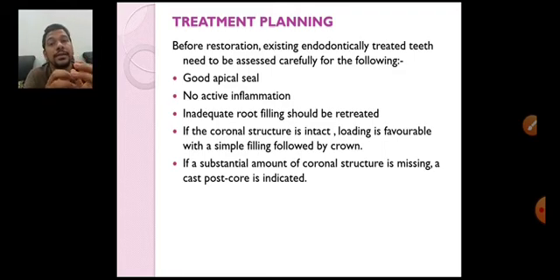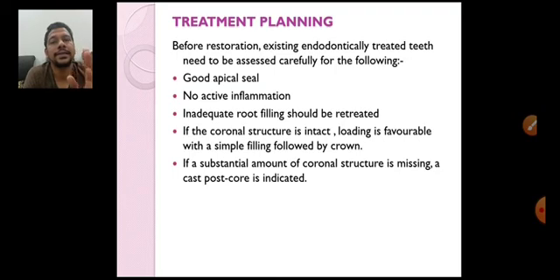But if there is a substantial amount of coronal structure loss, then as I showed in the first picture as an example, when a patient comes rushing to your clinic saying the crown was dislodged with some amount of coronal tooth structure. If the case is like that, where the coronal tooth structure loss was more, then you are supposed to give a post and core before giving a crown.